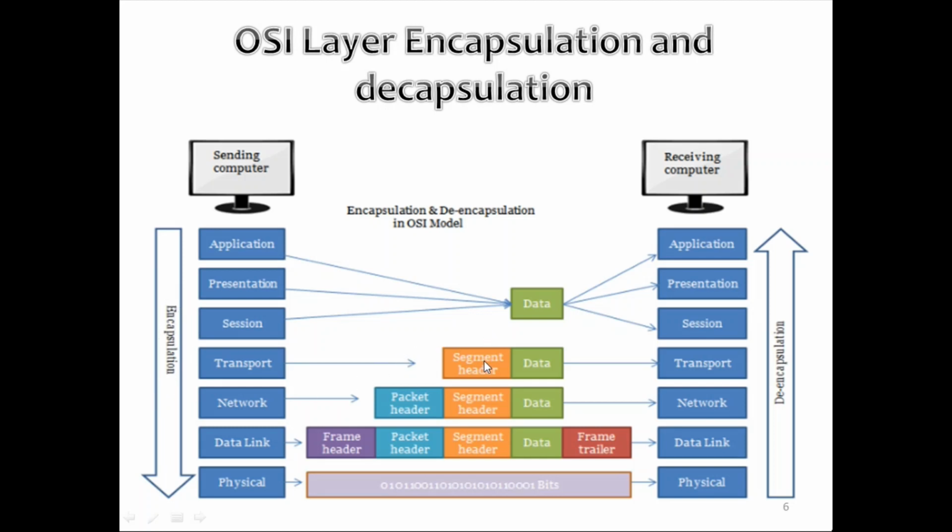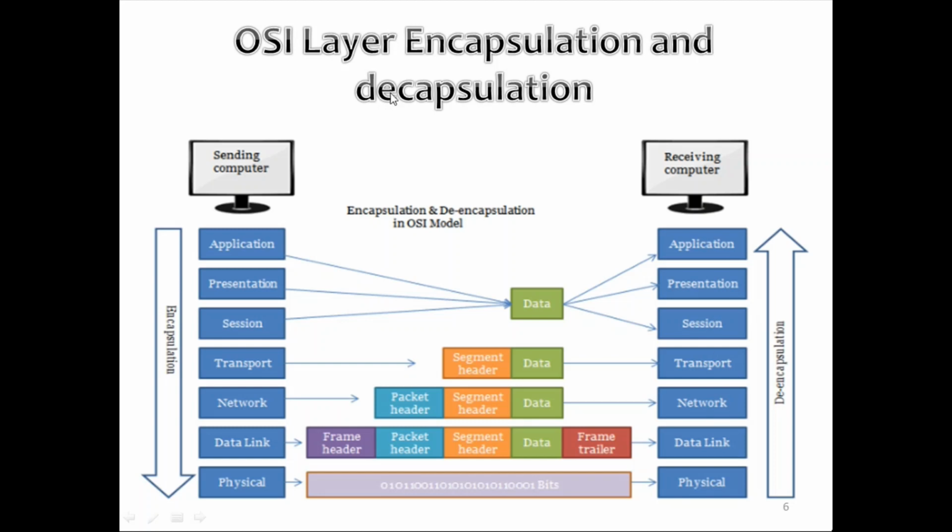The three top layers, application, presentation and session, just have the data. After that, transport adds its own header, then network adds its own header, data link adds its own header, and then it is sent to the physical layer, which converts it and sends it toward the destination.